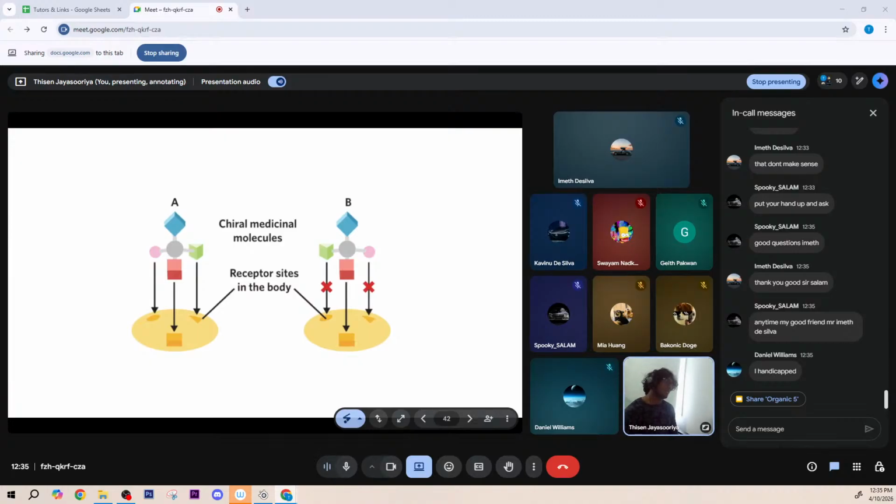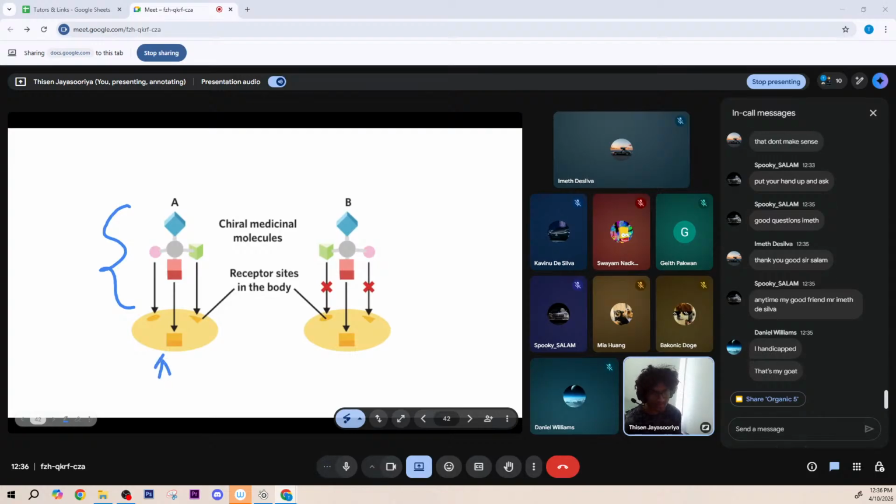Now, why does the chiral center matter? Because, as my biochemistry professor says, the 3D spatial arrangement matters. If we don't have the correct 3D spatial arrangement, receptors in the body or enzymes won't be able to detect that compound because they are specific and complementary.